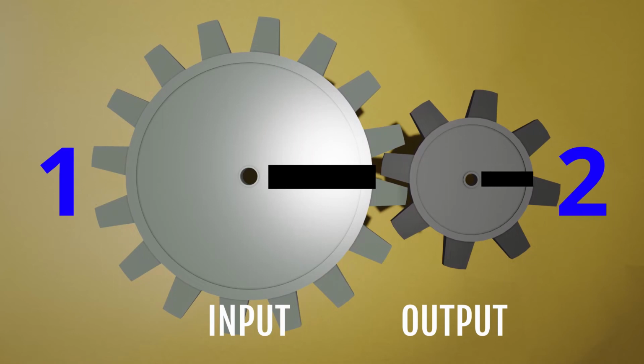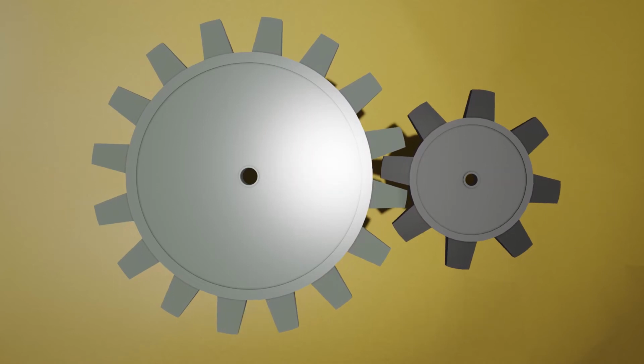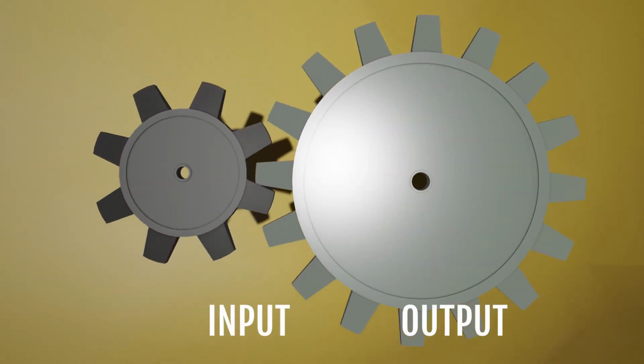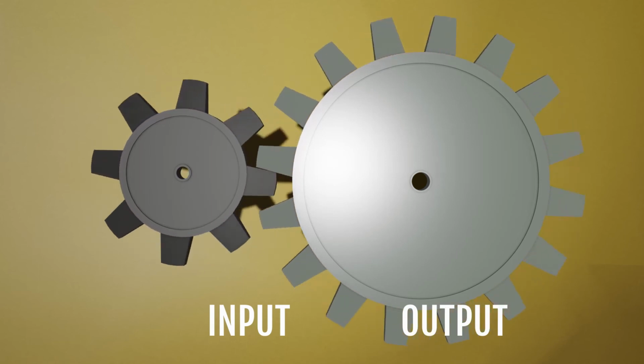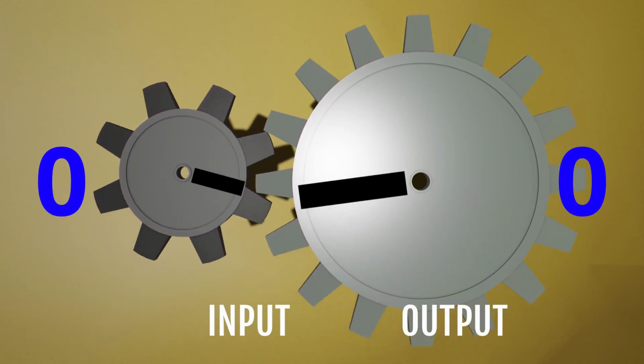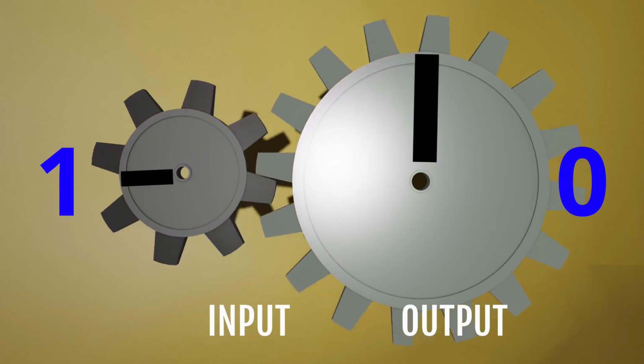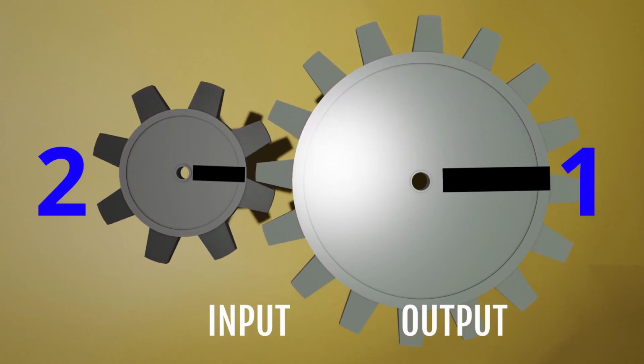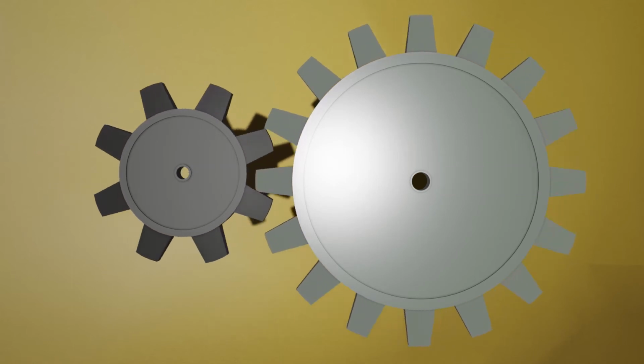The output gear spins twice every time the input gear spins once. Now, changing the order of the gears, let's count again. Now, the input gear spins twice in order for the output gear to spin once.